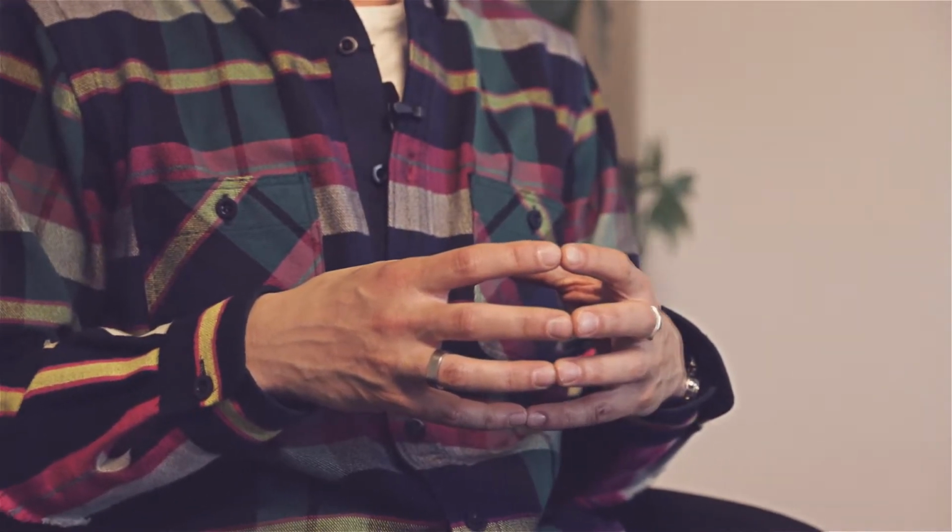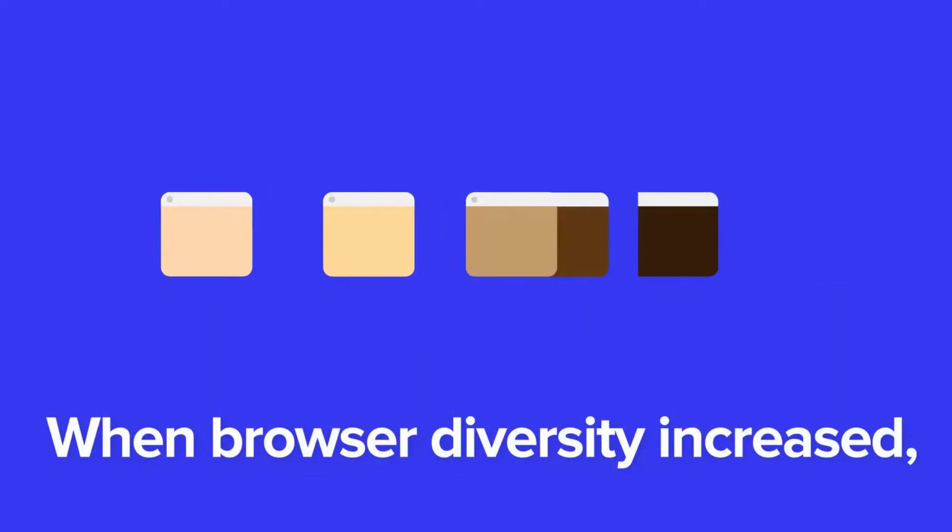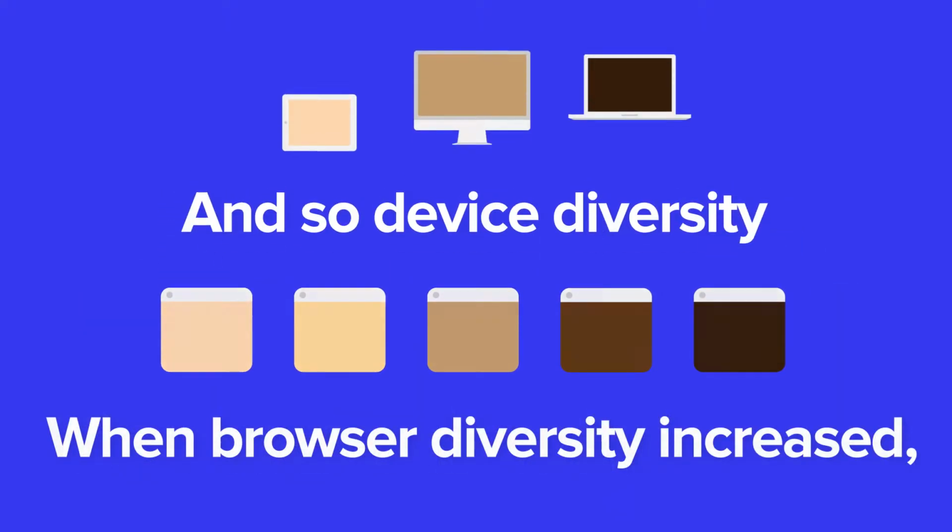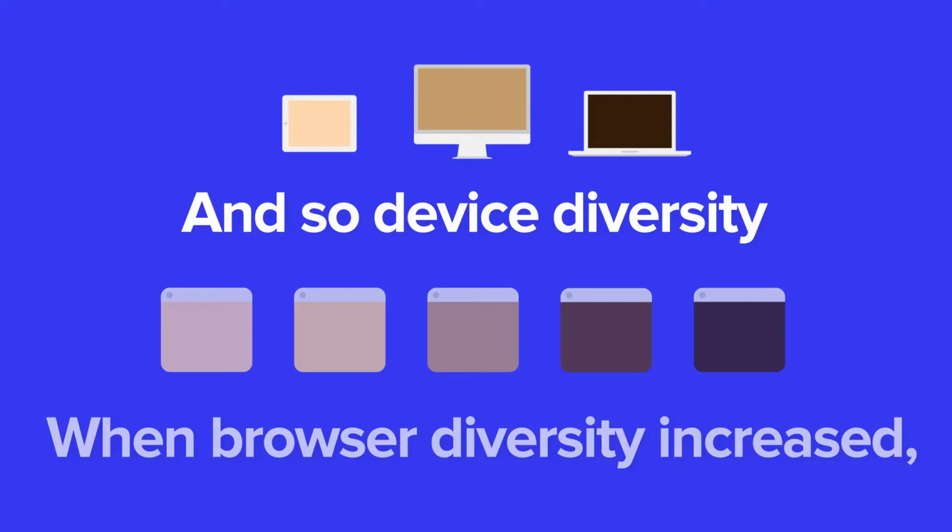In web development, some years back, there was a discussion about the distinction between progressively enhancing websites or gracefully degrading them. That discussion came about when the browser diversity and the device diversity increased. You would have all these different browsers working on these different devices, and they would have different capabilities.